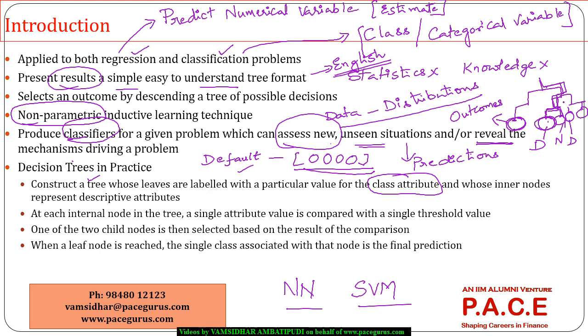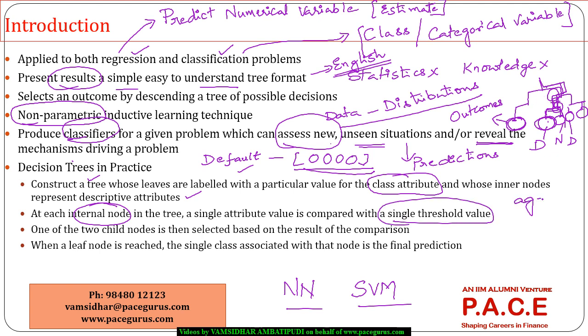And the inner nodes. So these are all the inner nodes. They represent the descriptive attribute. Salary greater than something, age less than something. So these are the different descriptive attributes that are typically being represented. At each internal node in the tree, a single attribute value is compared with a single threshold value.